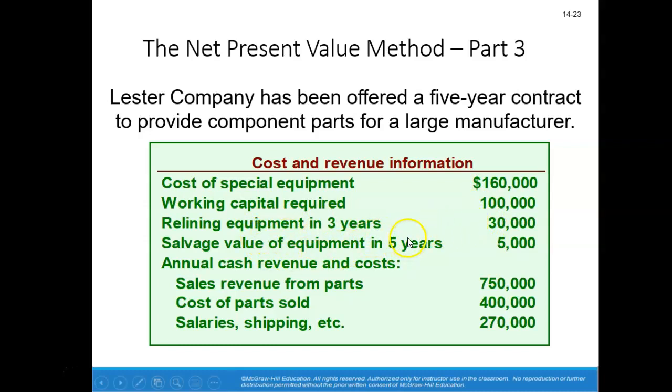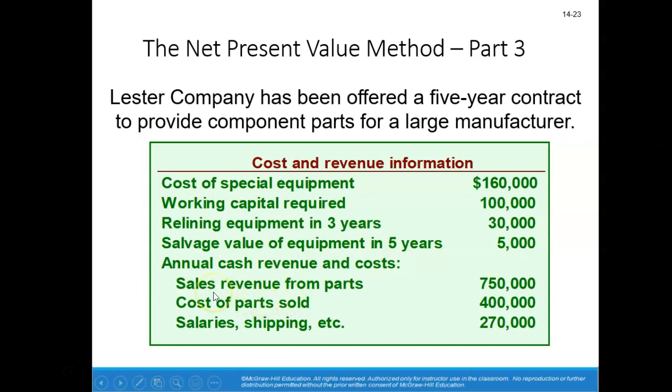At the end of 5 years, we can sell this special equipment and get $5,000 back. That's the salvage value. These are all one-time items.